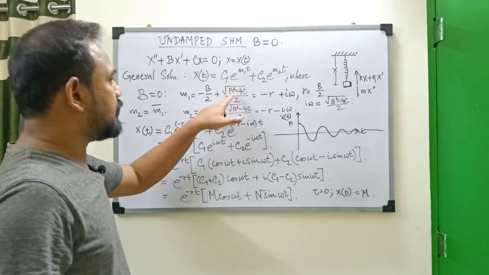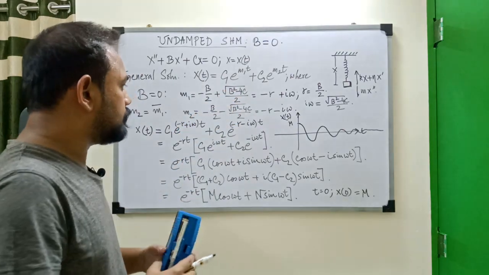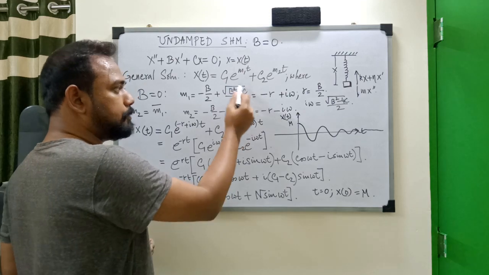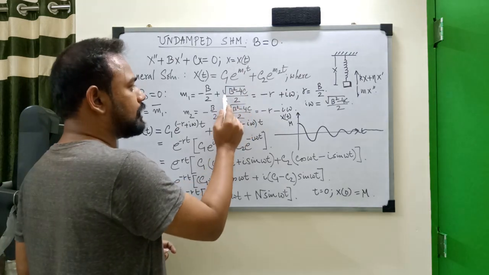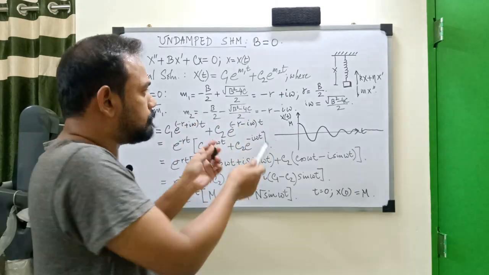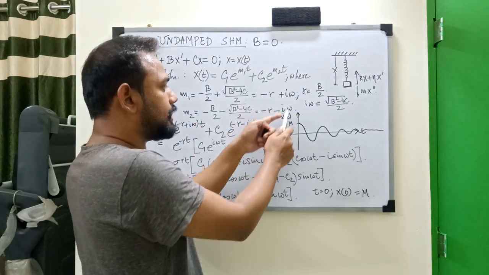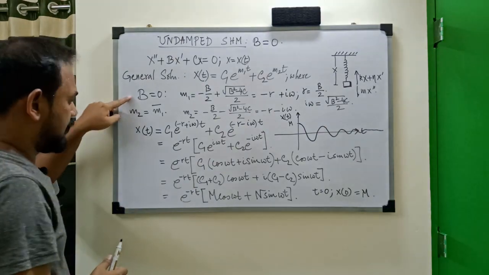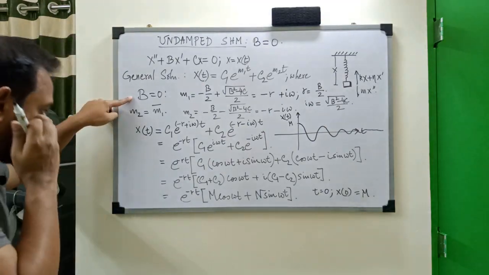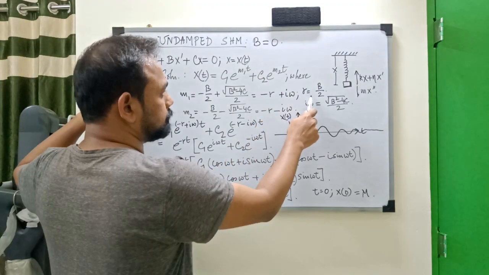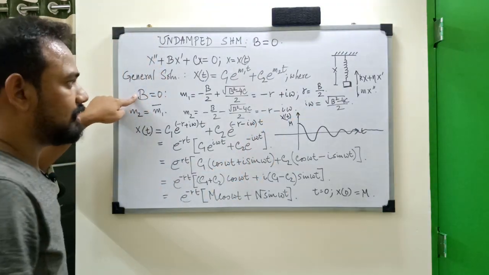Of course, everything remains the same. This is still a purely imaginary number, because you have the square root of minus 4C by 2, which is the square root of a negative number. So you still call it i omega. Everything remains the same, except that here, if B is 0, R is 0, correct?